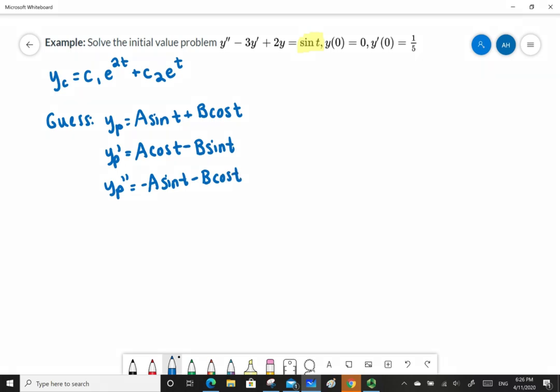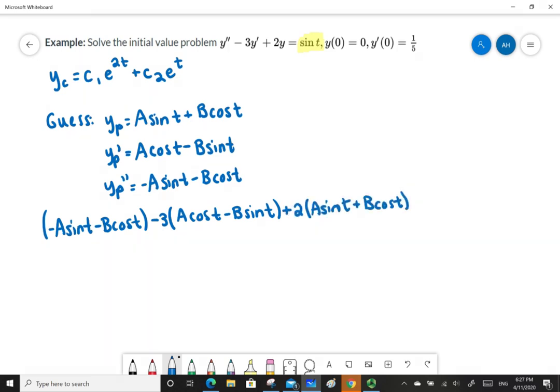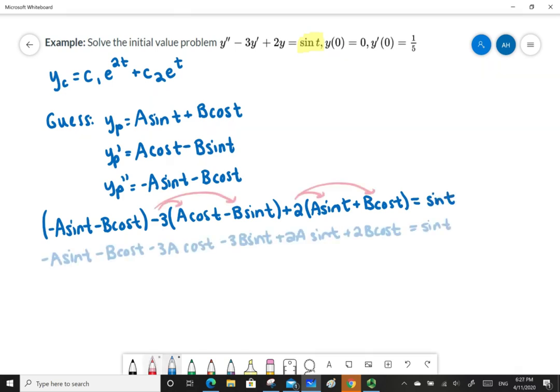Plugging these in, we get negative a sine t minus b cosine t minus 3 times a cosine t minus b sine t plus 2 times a sine of t plus b cosine t equals sine of t. Or negative a sine t minus b cosine t minus 3a cosine t minus 3b sine t plus 2a sine t plus 2b cosine t equals sine t.